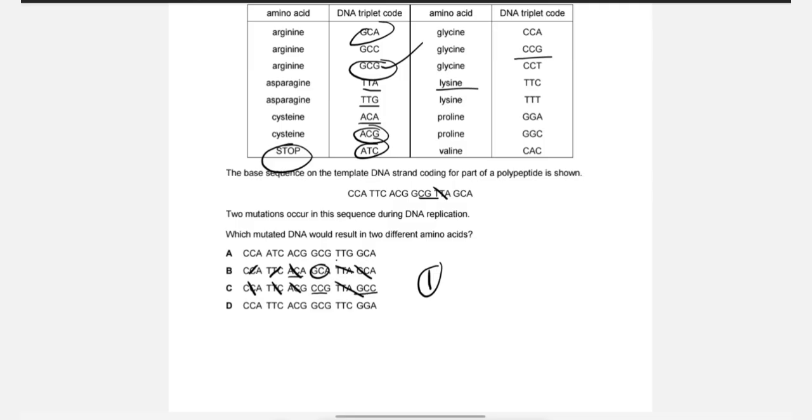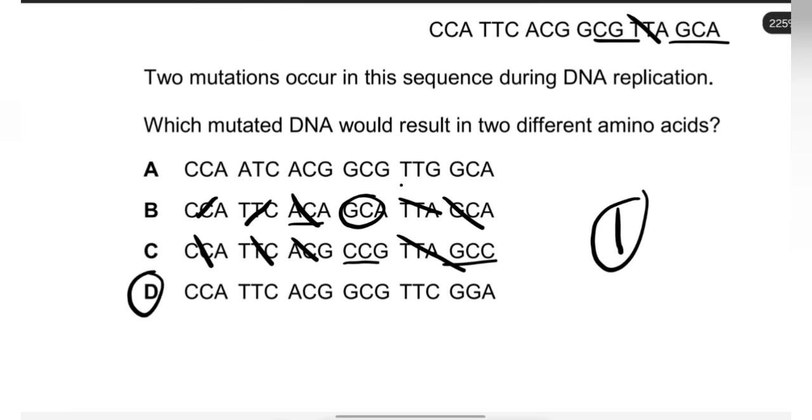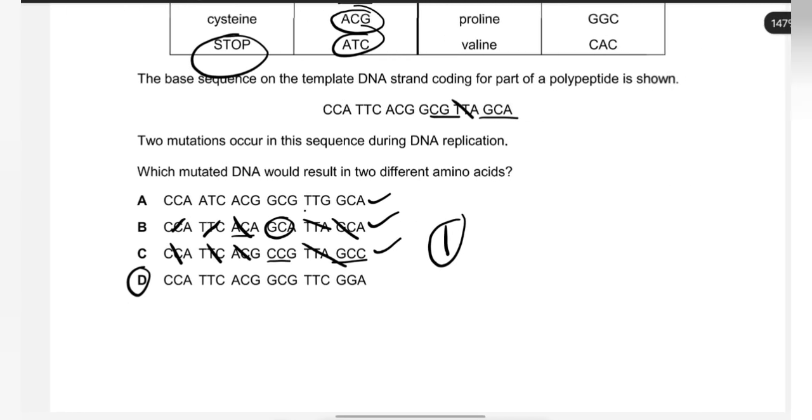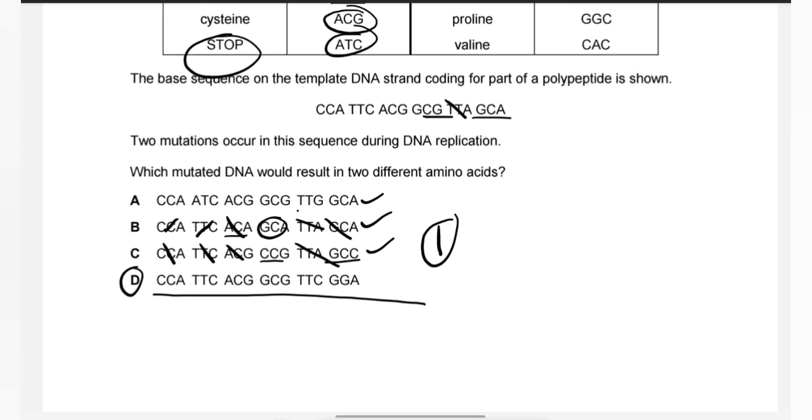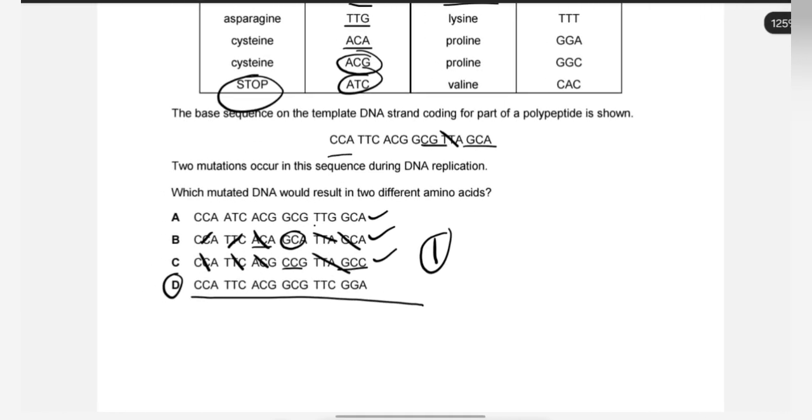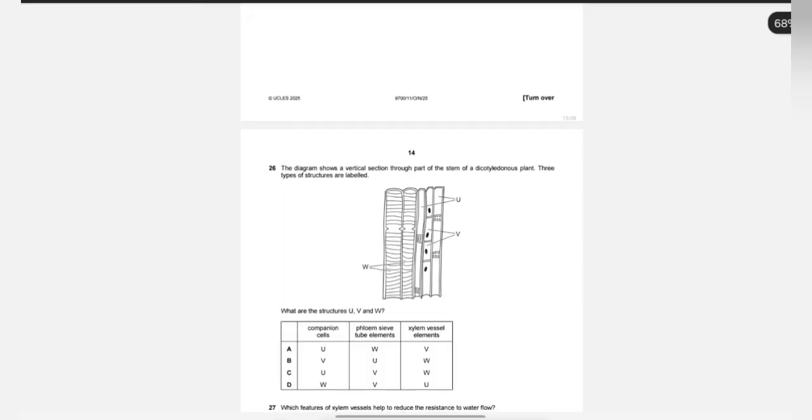For GCC, we are looking at arginine, and for GCA, it's also arginine. So we only have one different amino acid. This tells us that we only have two different amino acids on option D, since we've gone through all the other options. If you compare the triplet codes, you find out that there are two different amino acids. And so D would be the answer.